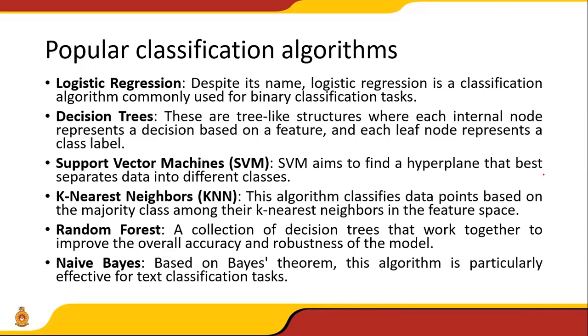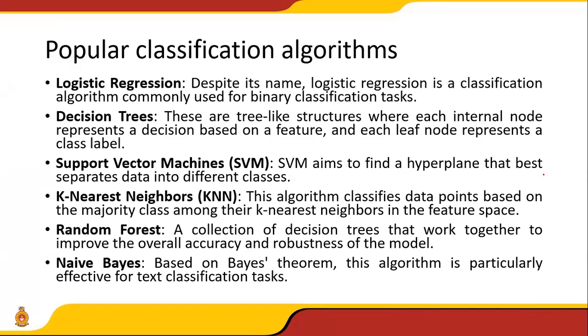Then decision trees, again, it's like a tree structure. We have some internal representations, and then we take decisions based on those features. I'll discuss it a bit more today. And we have support vector machines. We have a hyperplane, and according to the hyperplane, we separate the data into different classes. And with KNNs, we take the K nearest neighbors.